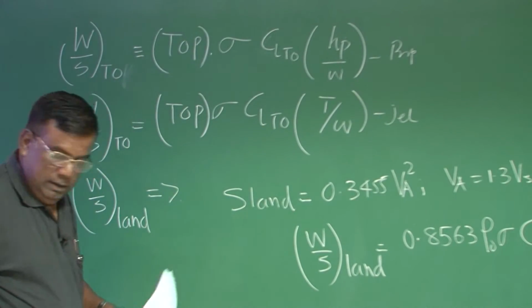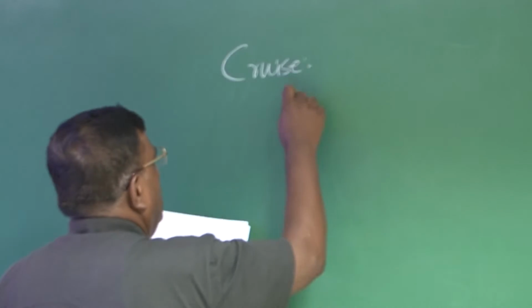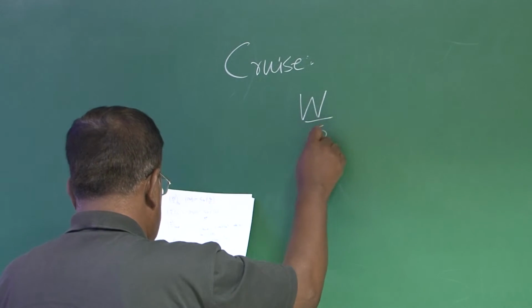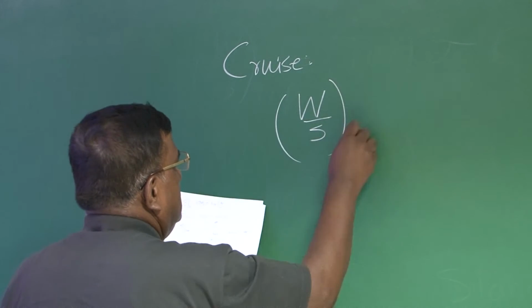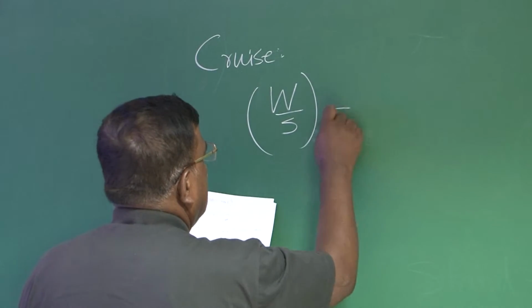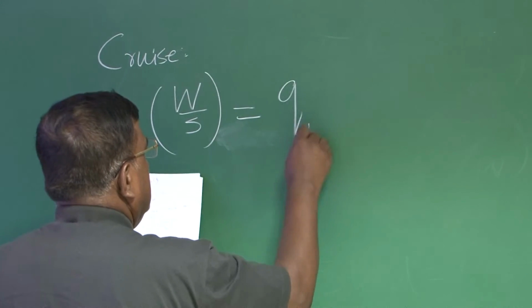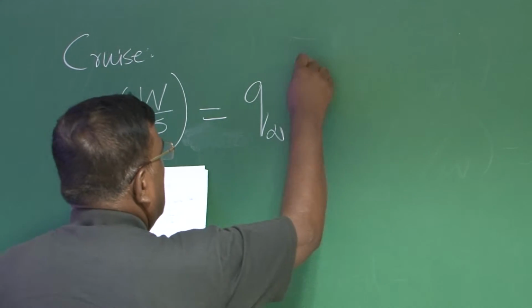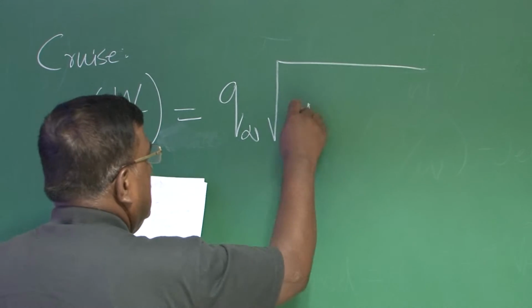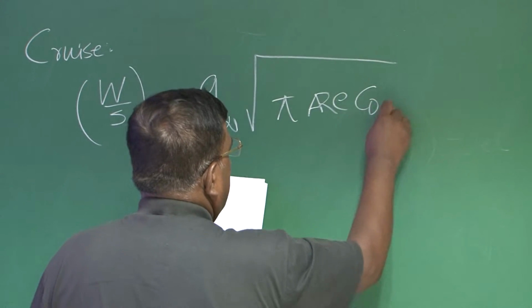And after that, we also have discussed about cruise, where we have seen W by S cruise, or for cruise mission W by S is equal to Q infinity under root pi aspect ratio E CD naught.